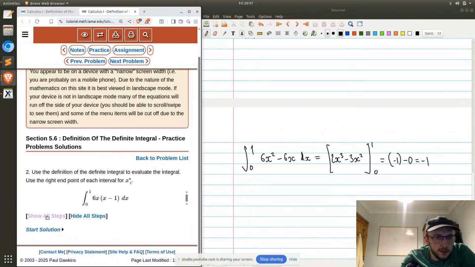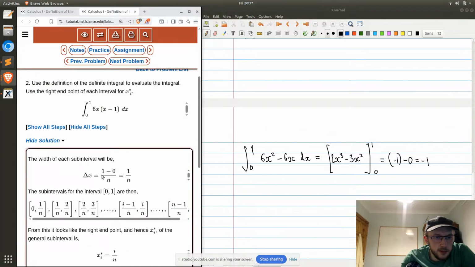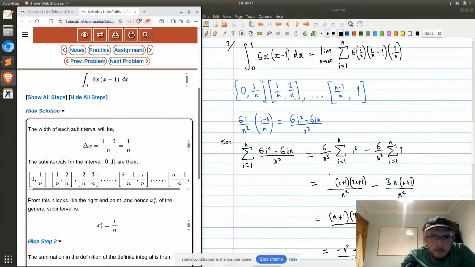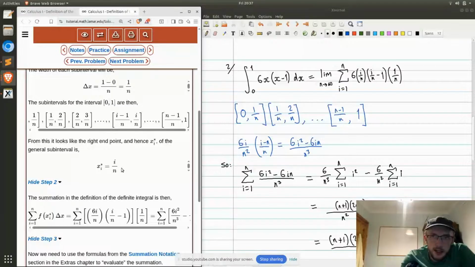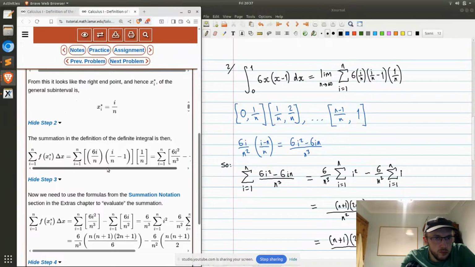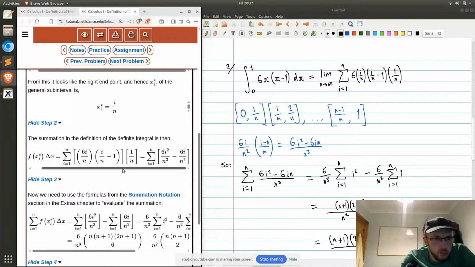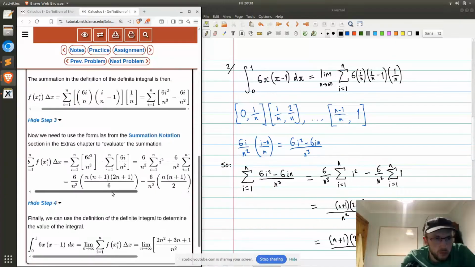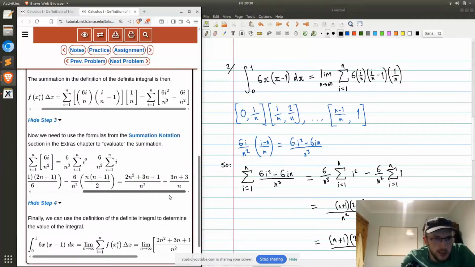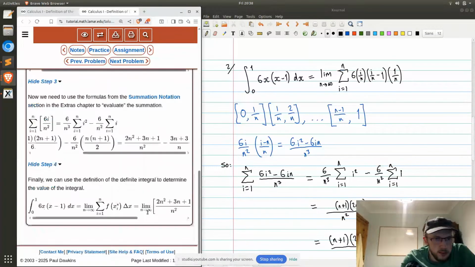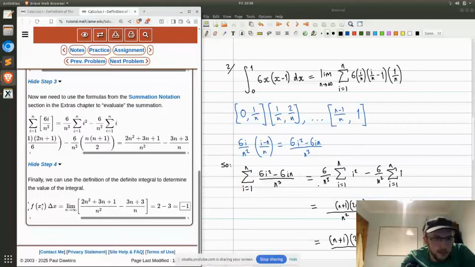Okay, but does it look okay? Okay, those subintervals look all right. Right endpoint, i over n, that's good. All right, they use the formulas I did. Ish.